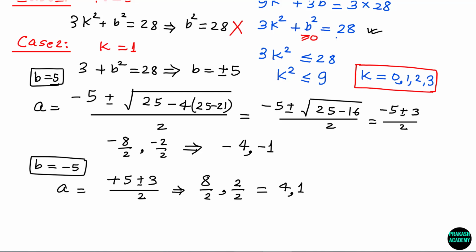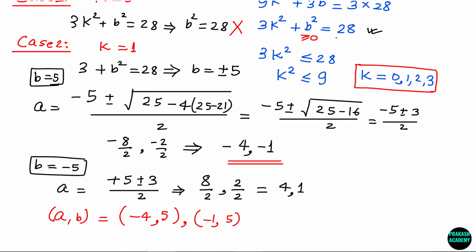So for this case, that is k is equal to 1, how many solutions do we have? We have solution pairs a, b. So when b is equal to 5, then a is minus 4 and minus 1. So this is one pair and this is another pair, minus 1 and 5.